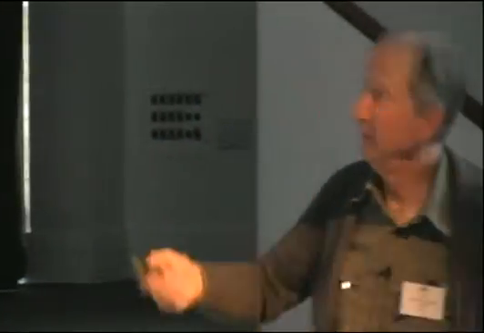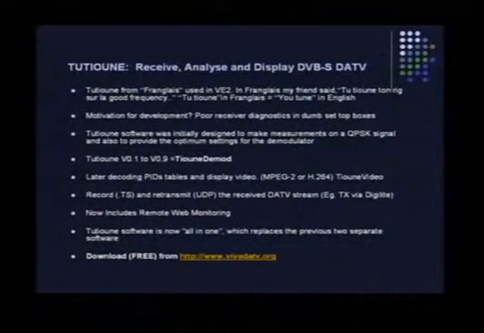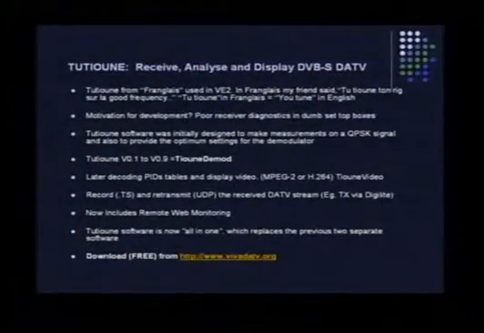Motivation and so on, I have talked about. The first version was only to have the possibility to make measures only. And it was Tune Demod, the first software. It was Tutioune version 0.1 to 0.9. Now I call it Tune Demod only.